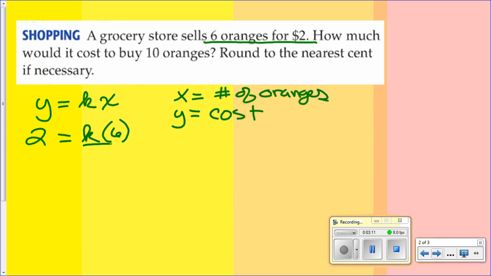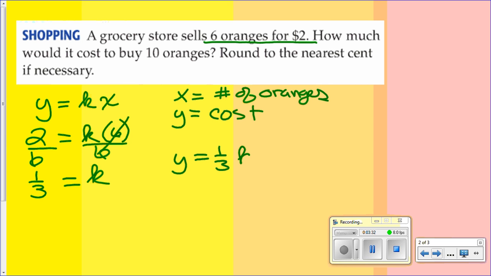So if I want to find k, then I have to divide both sides by the 6, and k is 1/3. Now that's k, but I need an equation to solve this. So y equals 1/3, whoops, not k, sorry, x.